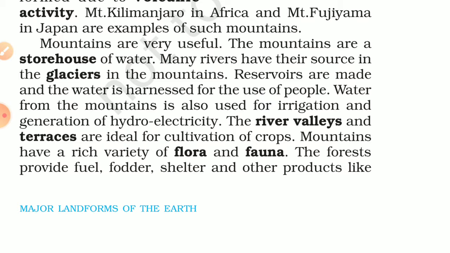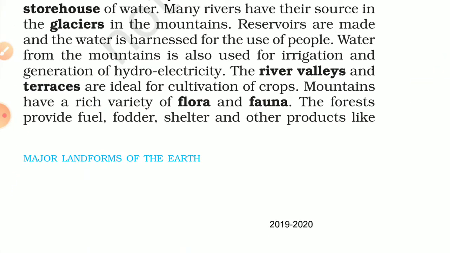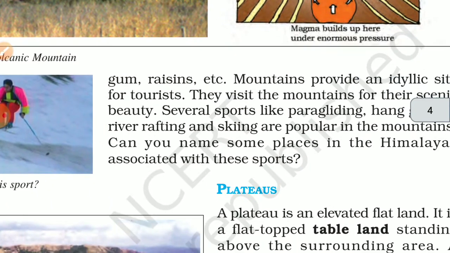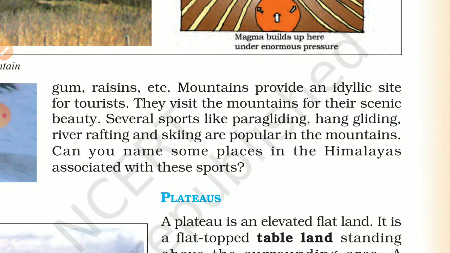So basically, there is this variety of flora and fauna. The forests provide fuel, fodder, shelter, and other products like gum and resin. Mountains also provide an adequate site for tourists.